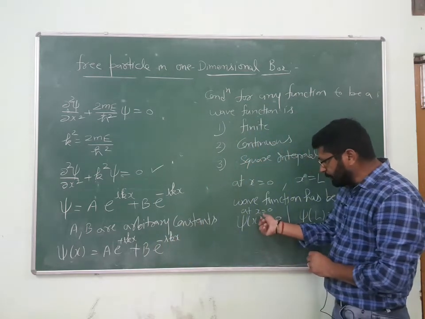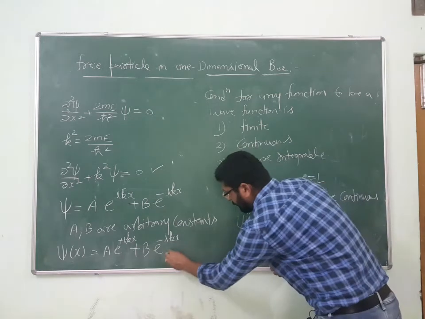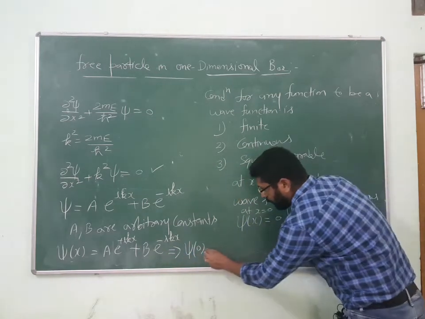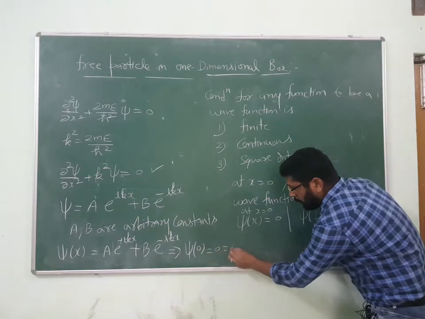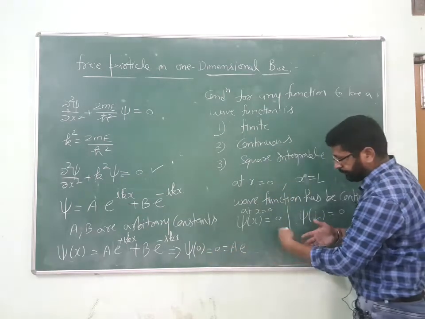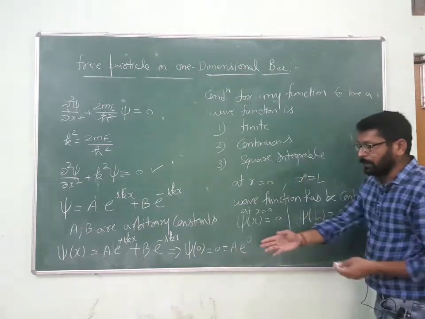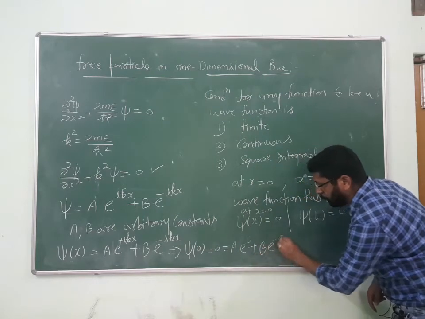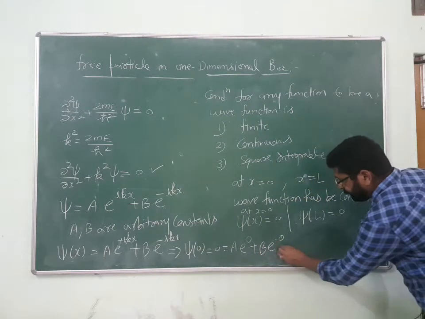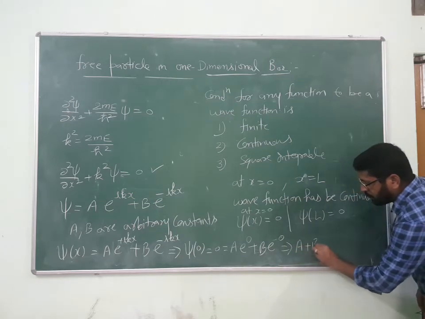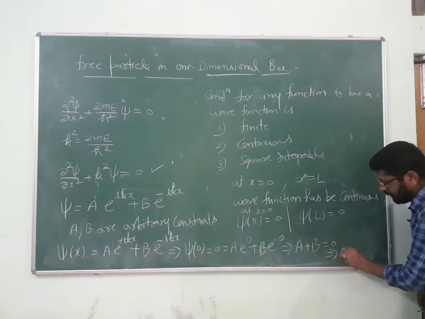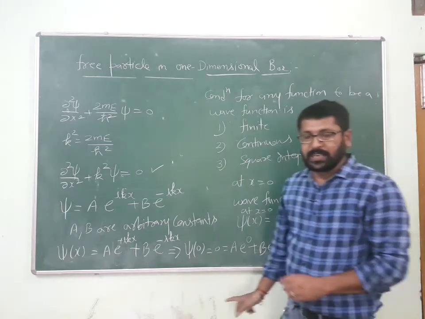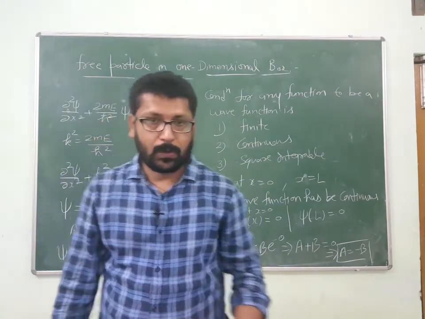So if we substitute x equal to 0, this function becomes ψ(0), which is 0, equals A exponential 0 plus B exponential 0. When we substitute x equal to 0, the exponent terms become 0. That means A plus B is equal to 0, or A is equal to minus B, or B is equal to minus A. This condition we will get.